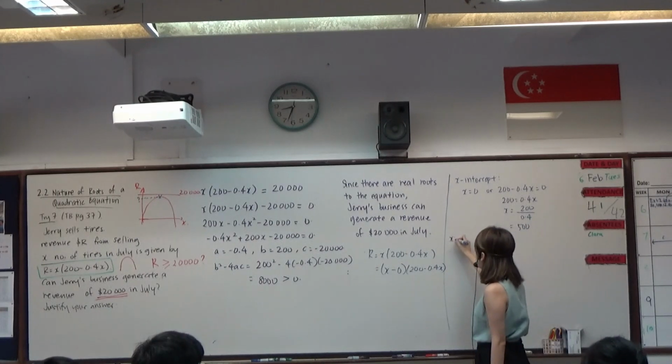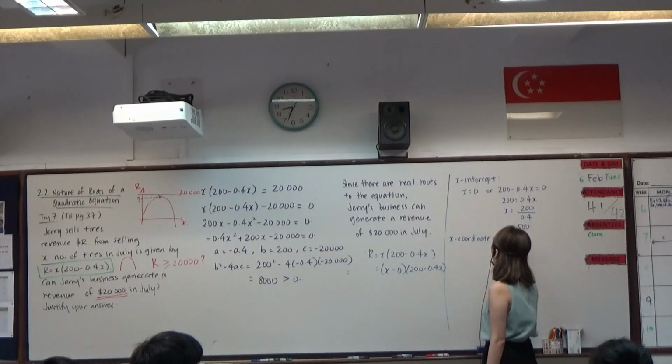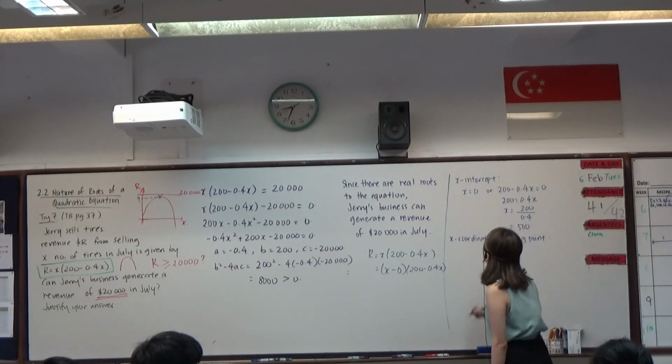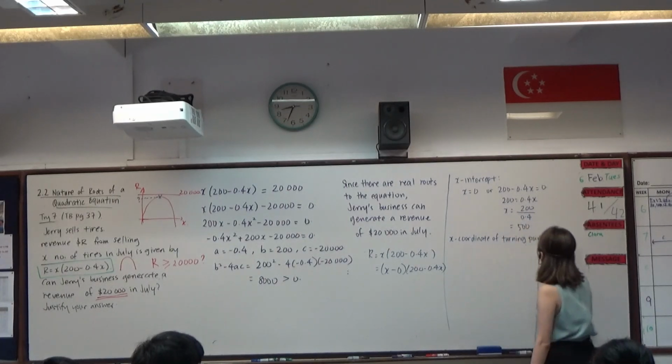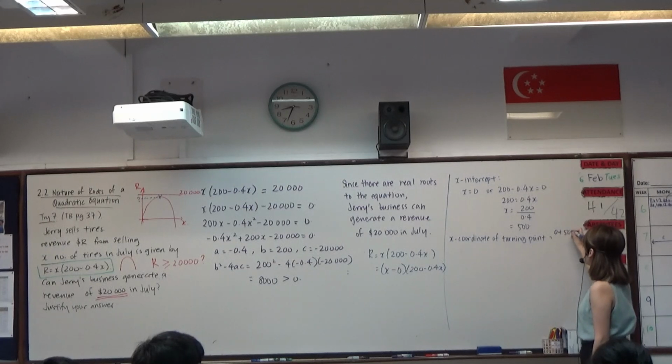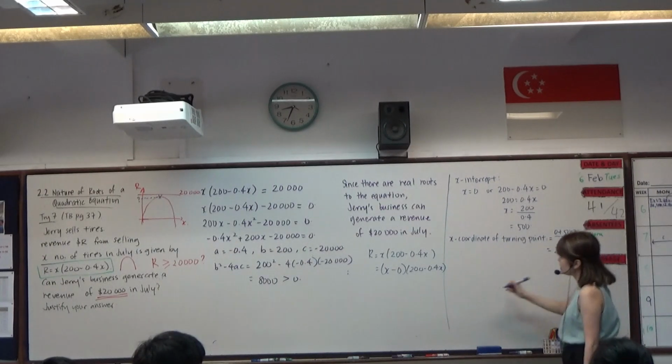So the x coordinate of the turning point, we will get 0 plus 500 divided by 2 equals 250.